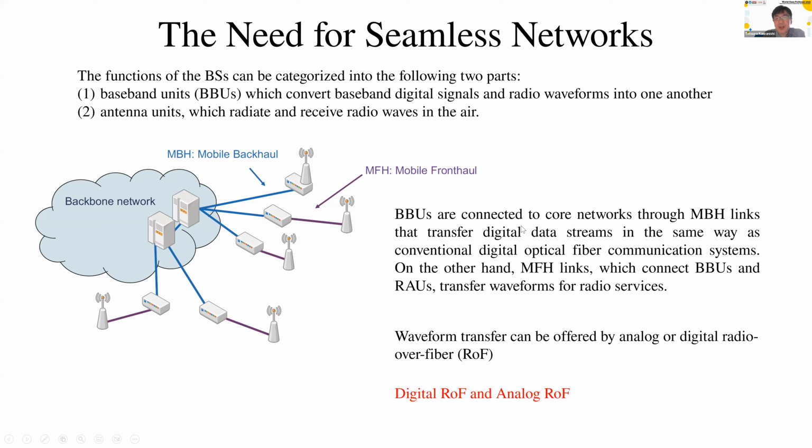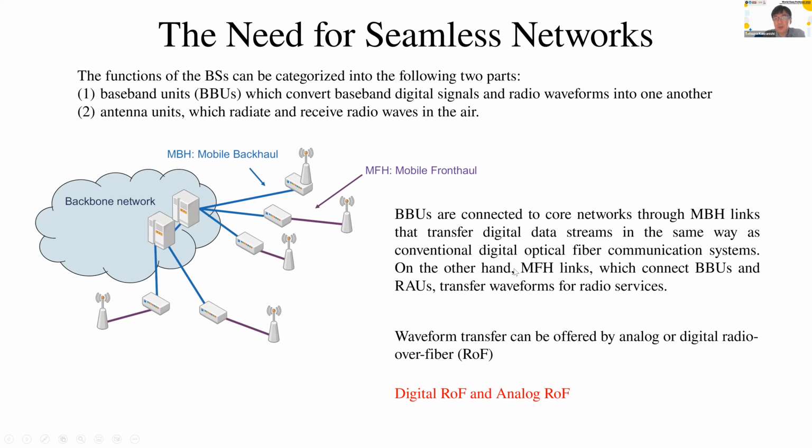And BBUs are connected to core networks through mobile backhaul links. Mobile backhaul links transfer digital data streams in the same way as a conventional digital optical fiber communication system. So the baseband unit can exchange the digital data with the other baseband unit or with some server in a backbone network.